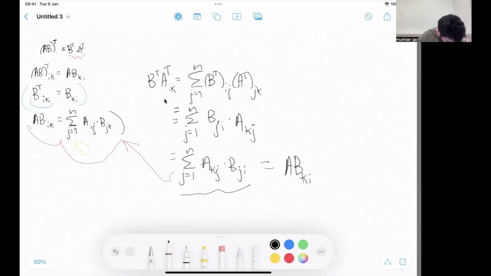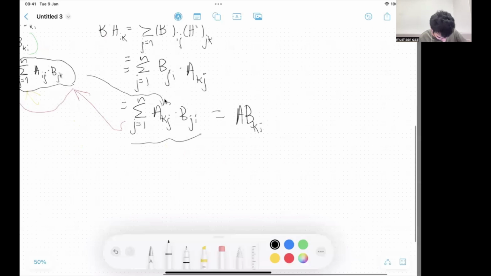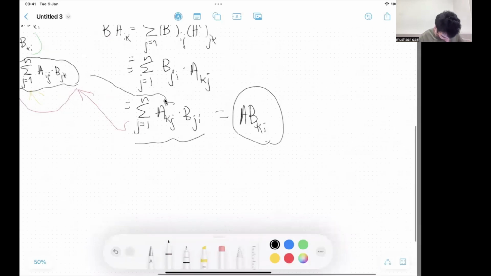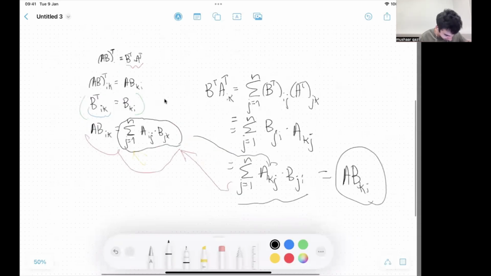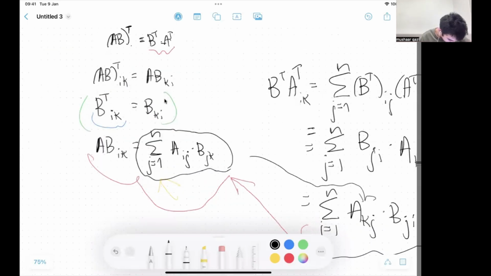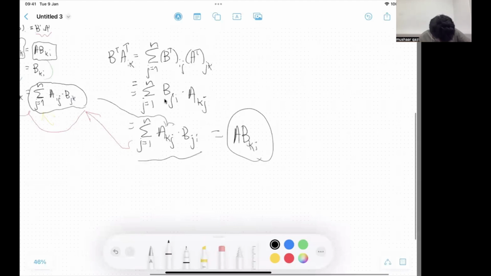Because we have this entire thing right over here, but with the k and i's inversed. And when we have this, we have (AB)ki. Do you remember how we defined the transpose of (AB)ik to be equal to (AB)ki? So by definition, this is equal to (AB^T)ik.